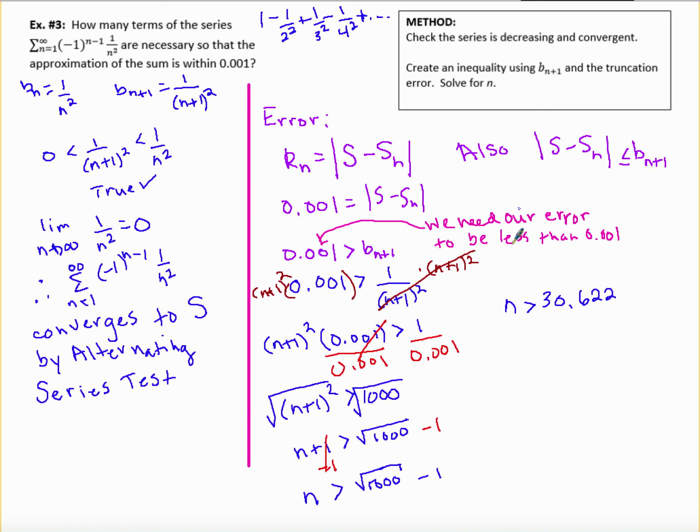So it's either going to be 30 or it's going to be 31. And since in order for us to have an error that's within 0.001, I have to have n be larger, this is going to be n equals 31. And what that tells us is that if we want to have a very small error within 3 decimal places, I have to add up at least the first 31 terms to get that error within 3 decimal places.